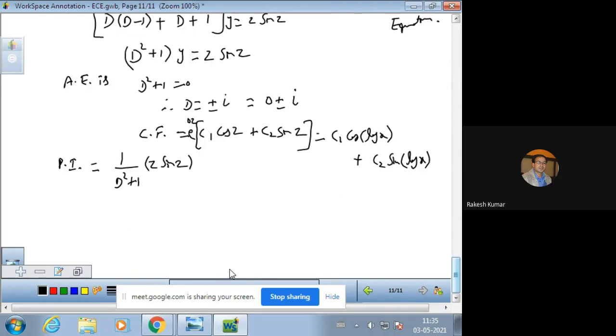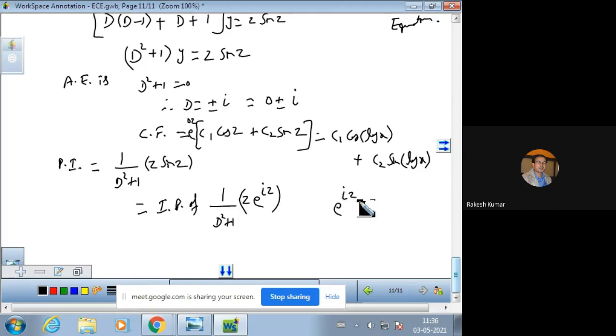जब भी आपके पास sin z आ जाए या cos z आ जाए, you will have a technique, and the technique is D square. ऐसे कर सकते हैं, and that is imaginary part of 1 over D square plus 1 into z e raised to power iota z.